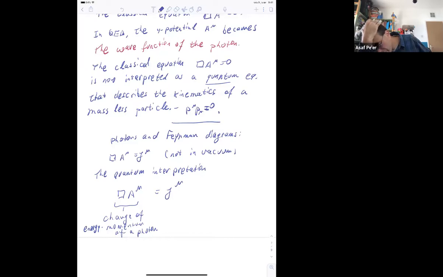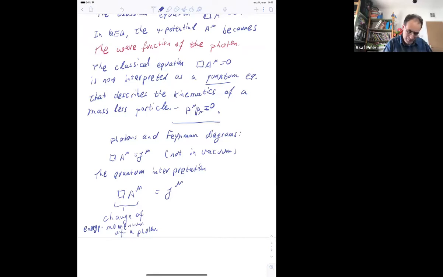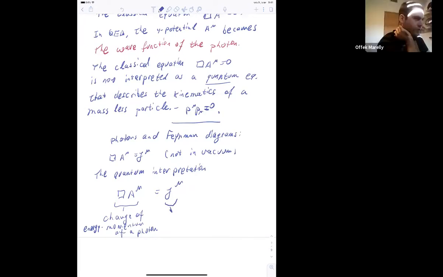What produces or destroys photons? The action of particles. And what do we have here? What is J mu? It's a current, it's a movement of particles.